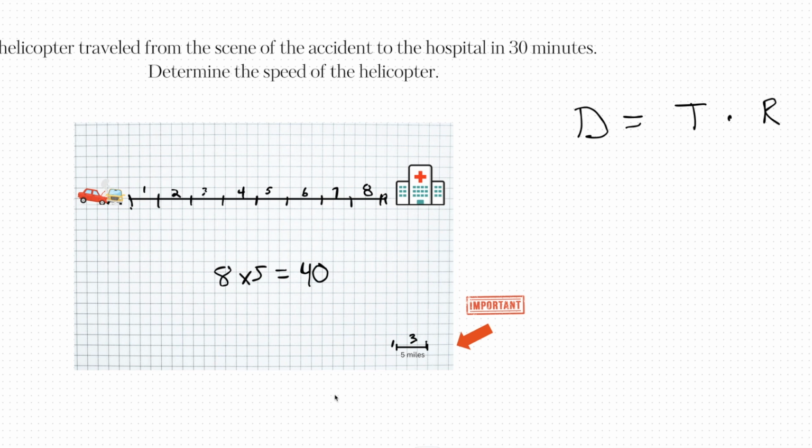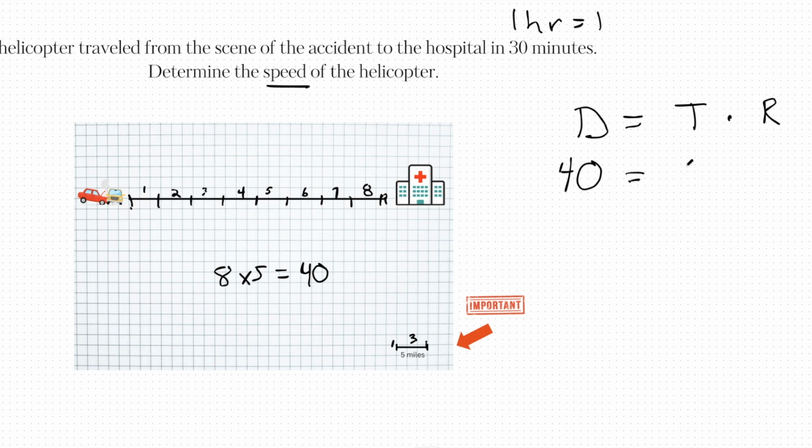Now I'm going to plug in what we know into our formula. We know our distance is 40, and that's going to equal our time times the rate. Now we're trying to figure out the rate, the speed. Remember, rate means speed. We know our time is 30 minutes. Remember, 1 hour equals 1, so 30 minutes is half of that.